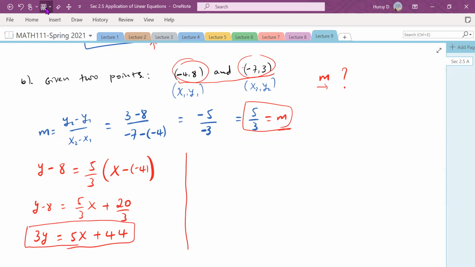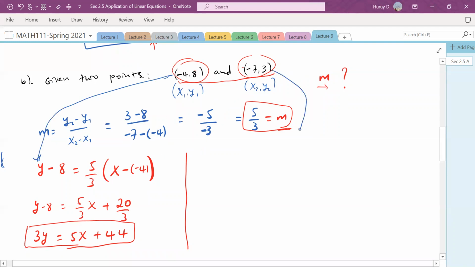And for the other one, let me use a different color. I will take the other point now. Here I will use this point. So we have y minus, now my y1 is 3, equals, the slope doesn't change, 5/3 times x minus -7.